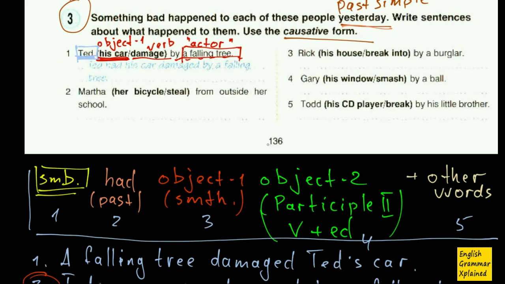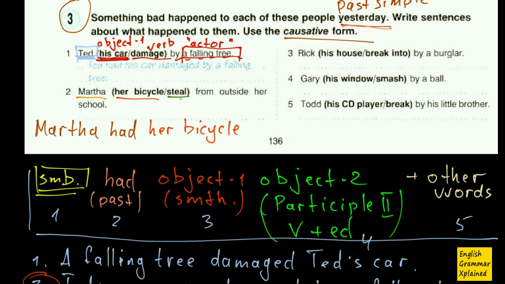Let's try another sentence. Martha, and then in brackets her bicycle, steal, from outside her school. My subject here is Martha. Then I put had, just according to my theory piece. Then comes my first object, her bicycle. Then comes my second object, steal.